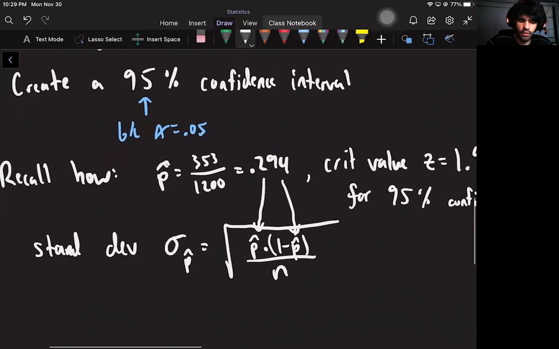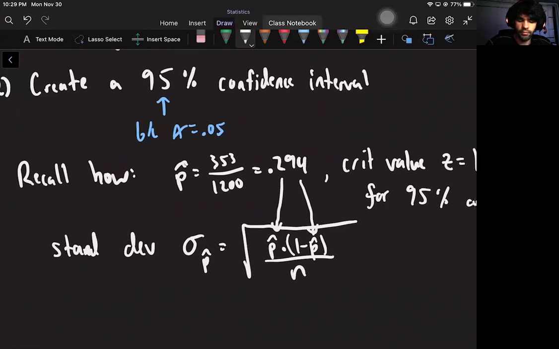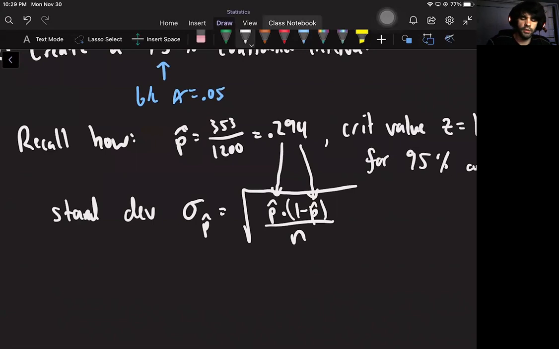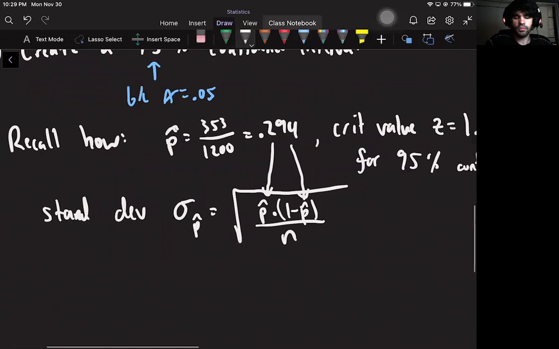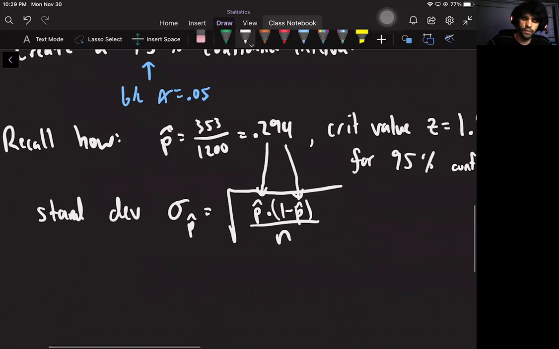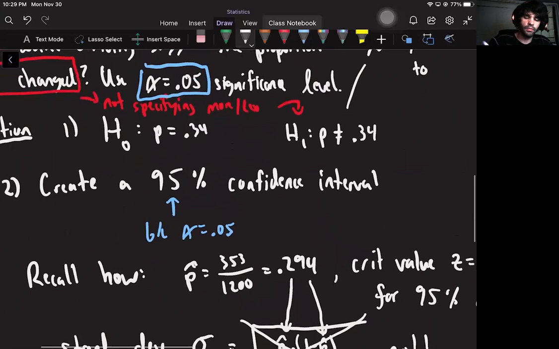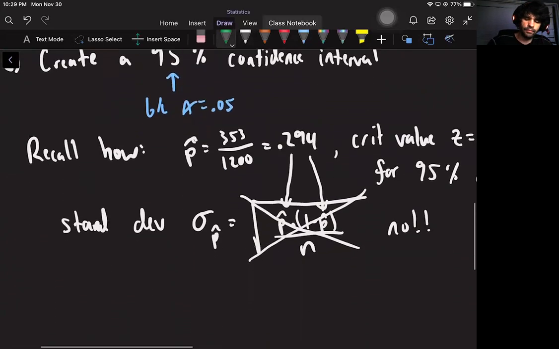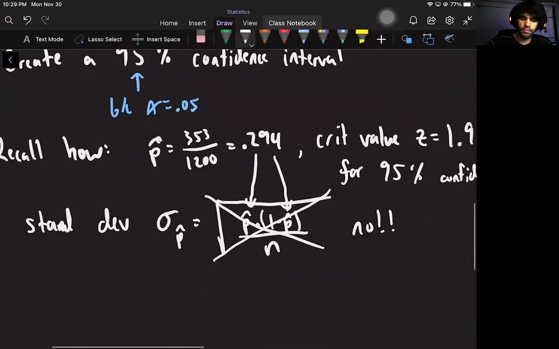So this was just our best guess for the standard deviation by using our sample proportion instead of the true proportion because we didn't know it, because the whole point of those problems was create a confidence interval to estimate where the true proportion is without actually knowing where it is. But now in this problem, we do know the true proportion, or at least we are assuming a true proportion. It's this, 0.34. So we're not going to use that.